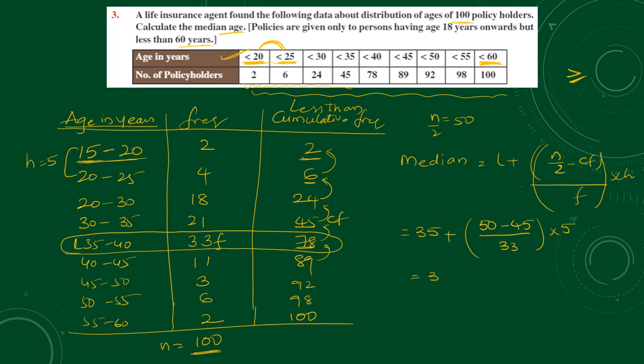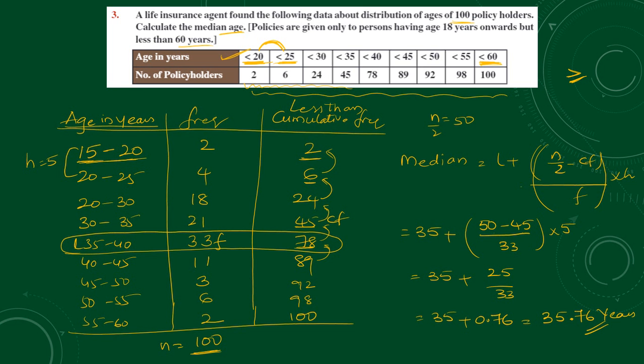So this becomes 35 plus 50 minus 45 is 5, 5 into 5 is 25, by 33. So 35 plus 25 by 33, on calculation, is 0.76. On adding we get 35.76. This is my answer. Since the units are years, we write years.